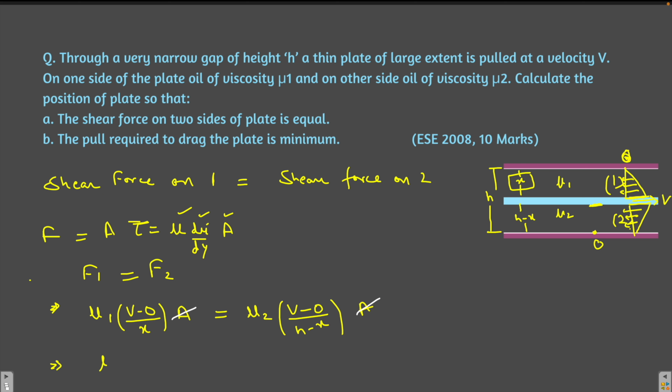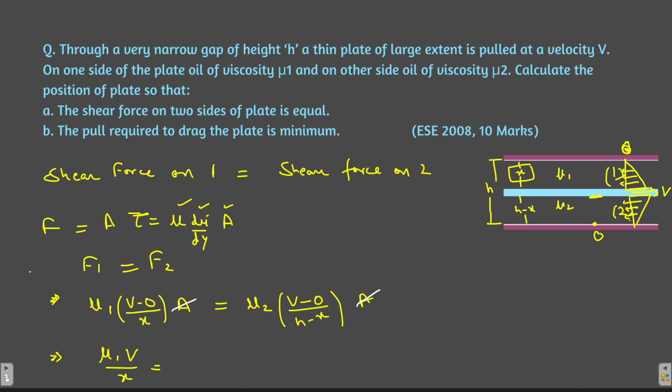Next step is mu1 v by x is equals to mu2 v by h minus x, right? Or we can write it as, let me solve it here, h minus x by x is equals to mu2 v by mu1 v.